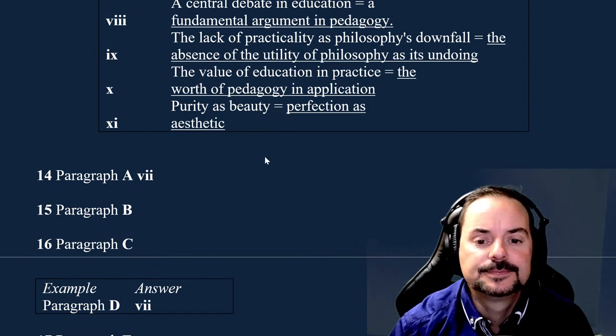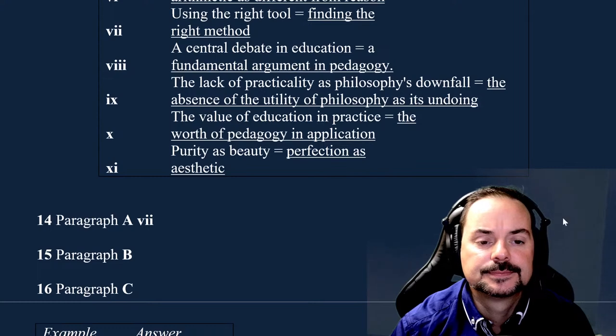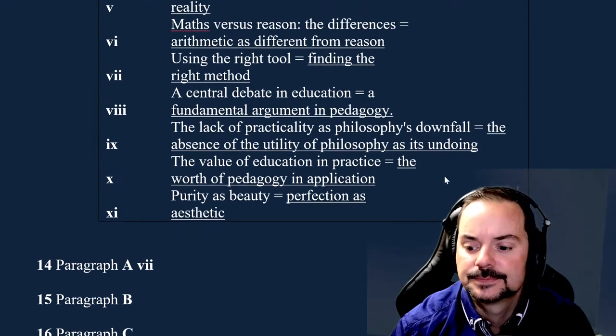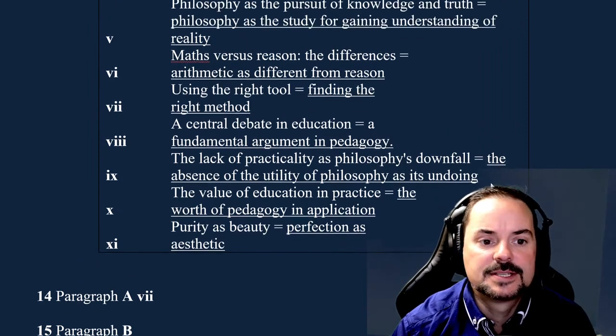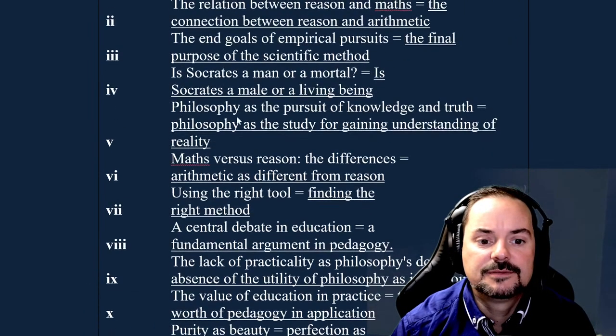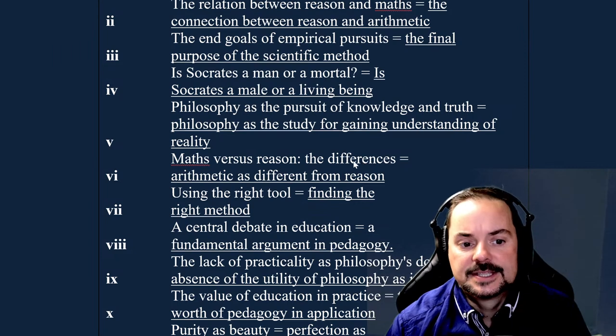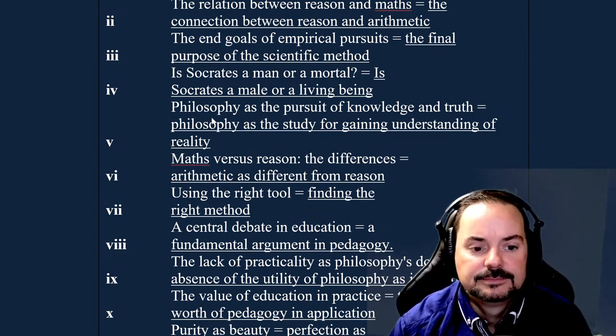I see something in the beginning, maybe. The value of education and practice, but there's no education. Okay, Fuang says maybe it's number 5, philosophy as the pursuit of knowledge and truth. Is that a definition, number 5? Philosophy as the pursuit of knowledge and truth?